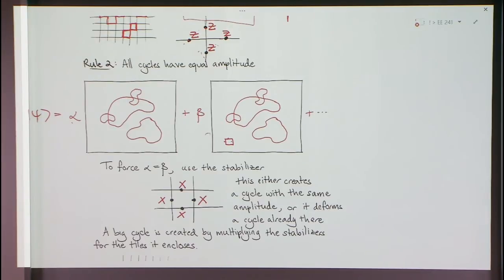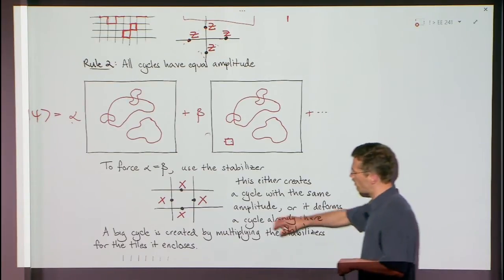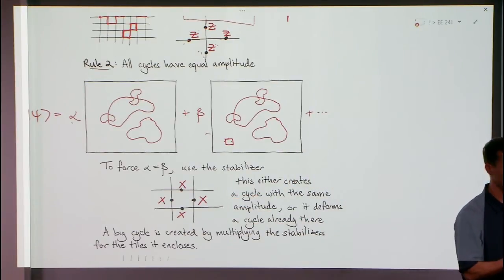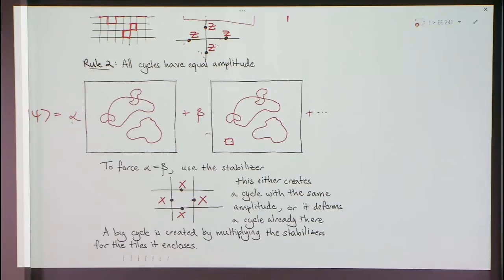In fact, if you're stabilized by those X tensor X tensor X tensor X operators for every tile in the lattice, then all the amplitudes have to be equal: not just alpha equals beta, but gamma times the vacuum plus delta times whatever, all alpha equals beta equals gamma equals delta.